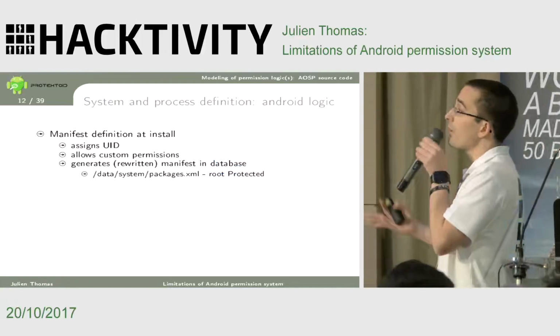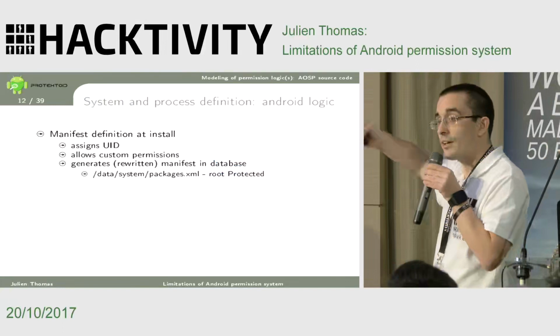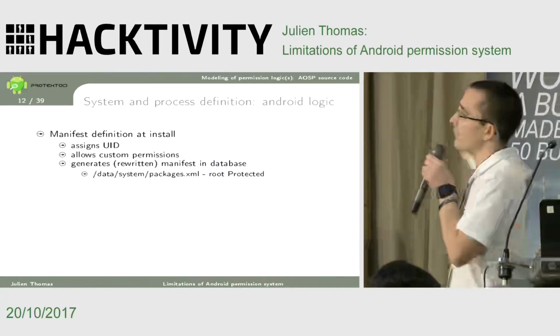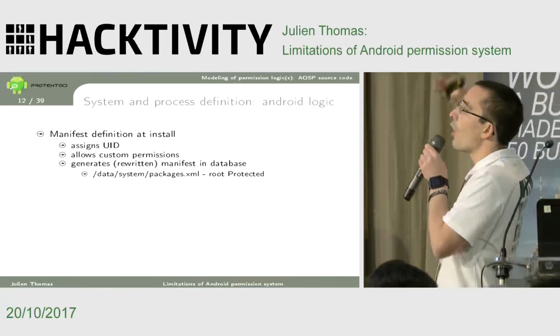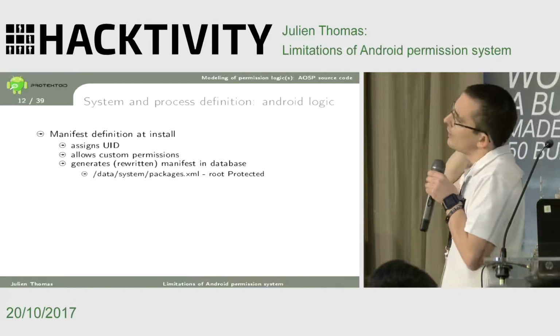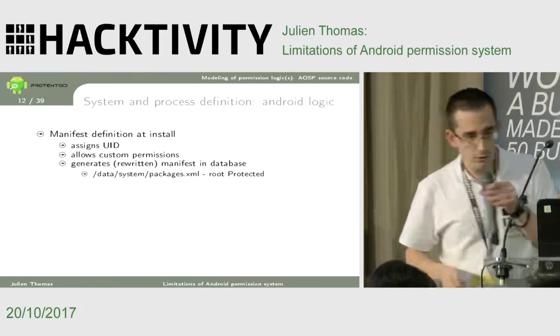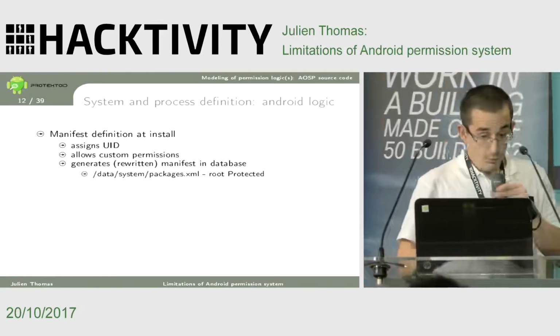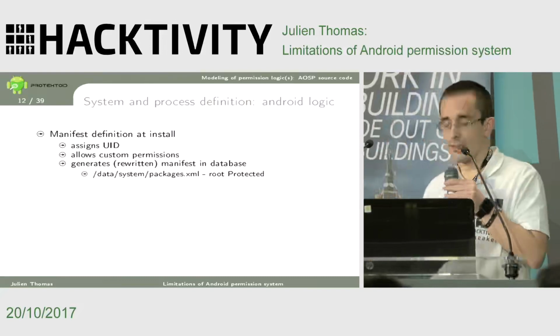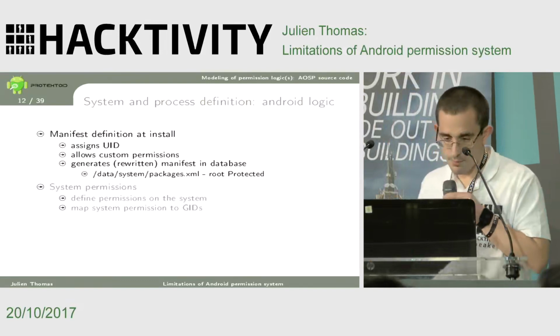When you install an application, based on the conditions of the manifest, the app will be set a UID. That's what we call the security of the local file system. You will allow custom permissions that are normal, and you will store all of that in a raw-written way in what we call packages.xml, which defines all the applications installed on the device.